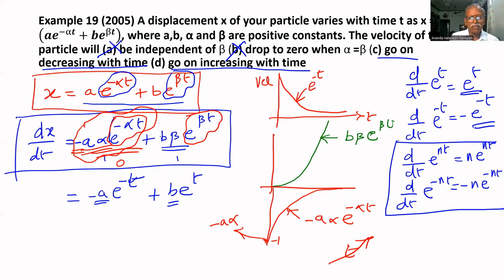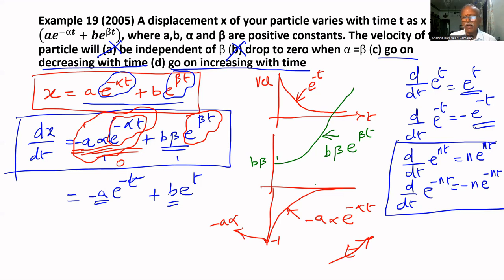If b and beta equal to 1, it starts at 1. Otherwise, it starts at b beta.